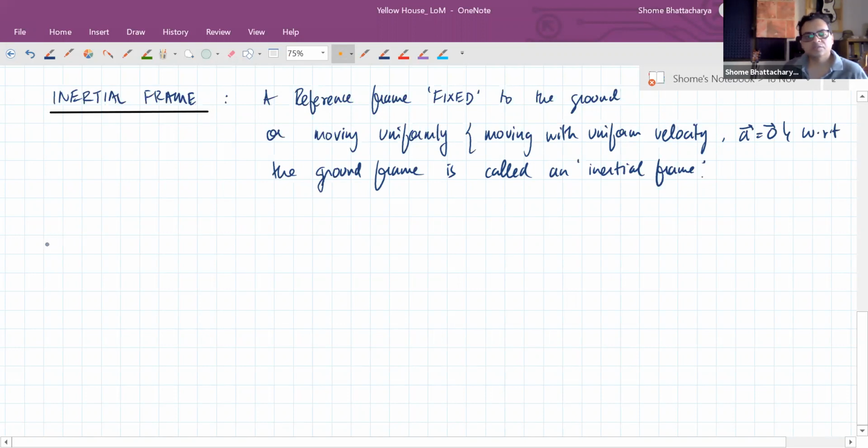So therefore a non-inertial frame is the opposite of this, so it should be moving with acceleration with respect to ground.